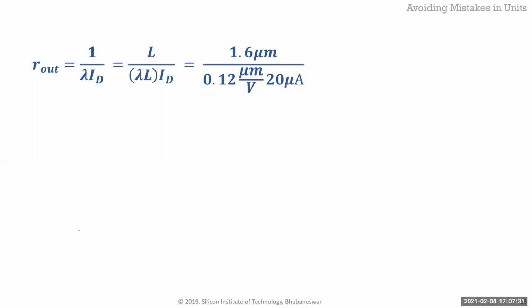And what I do is, for me, I keep similar units. So for example, if I'm working in length in micrometer, then you keep the lambda as micrometer per volt too, right? And ID as 20 microamps. So that way the units all kind of nicely cancel, because otherwise if I keep lambda in meters, then I'm just always carrying the 10 to the power minus 6, and that's where you get into errors.